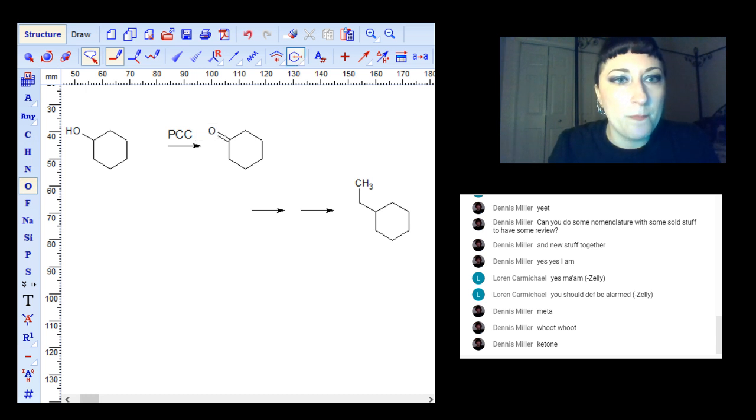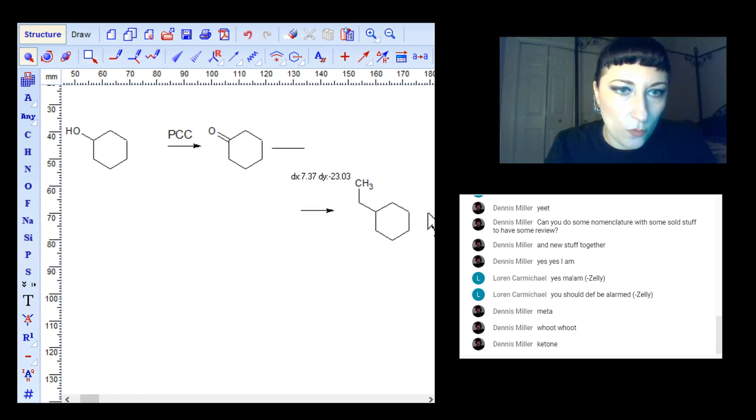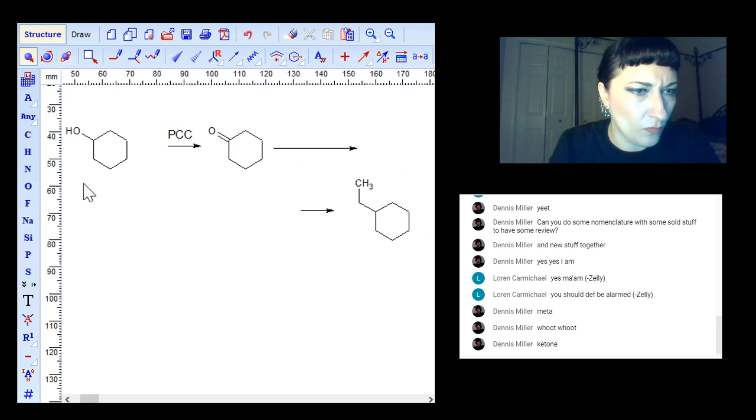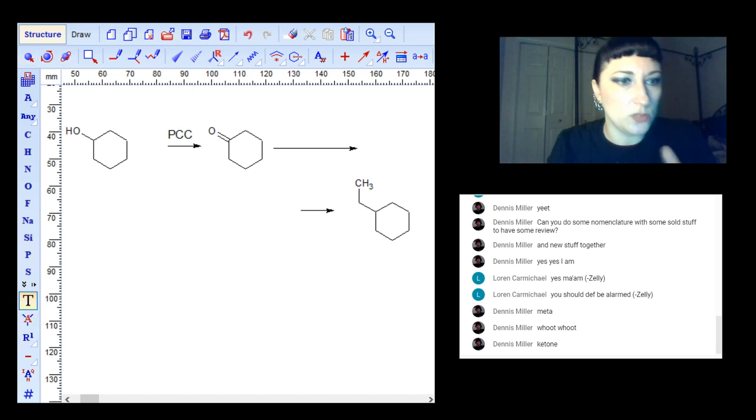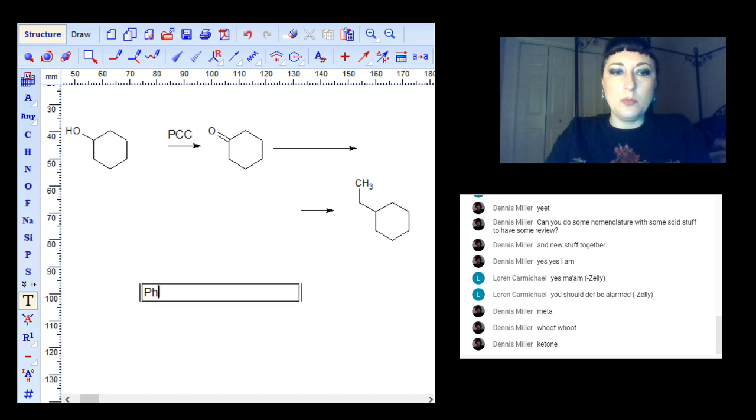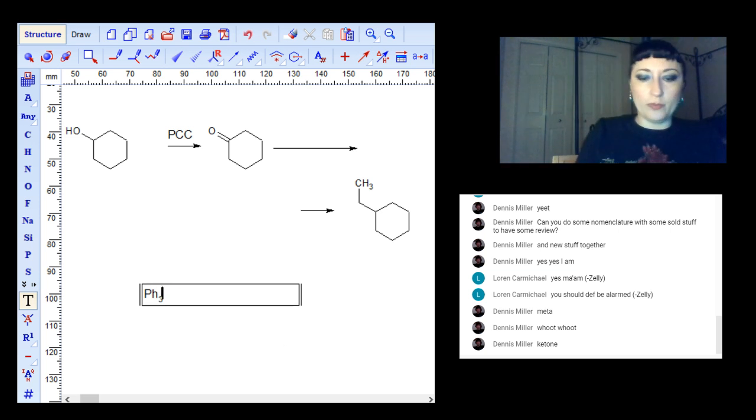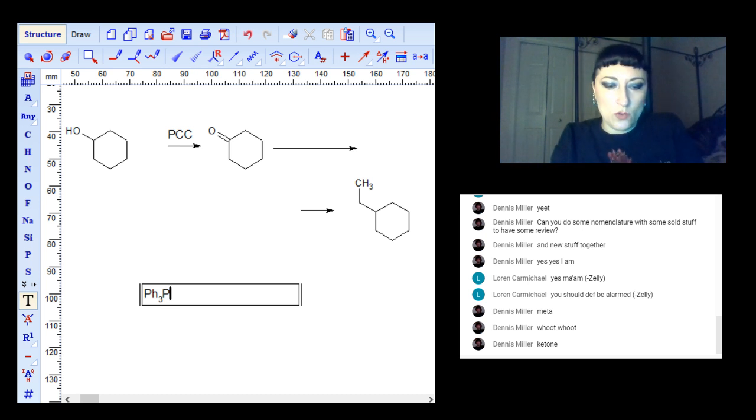And if we have that, then we could do the Wittig reaction, where you would use, oh, this is going to be hard to draw. Okay, I think I'll do it this way. Ph is shorthand for a phenyl group. So triphenylphosphine with a CHCH3.